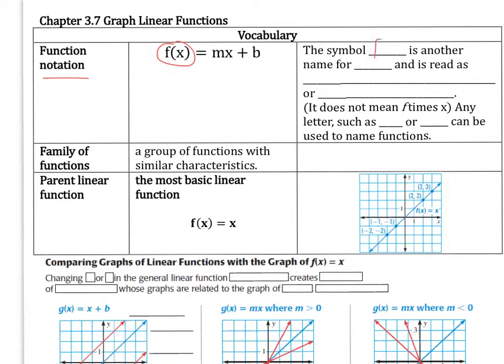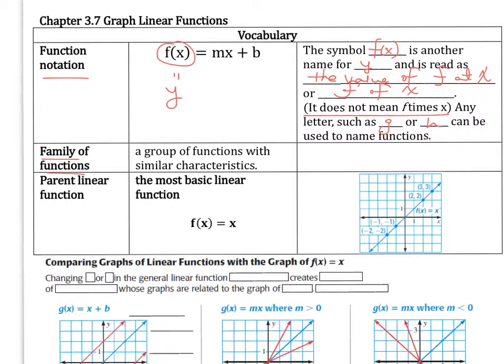The symbol f of x is another name for y and is read as the value of f at x, or simply f of x. It does not mean f times x. Any letter such as g or h can be used to name functions.